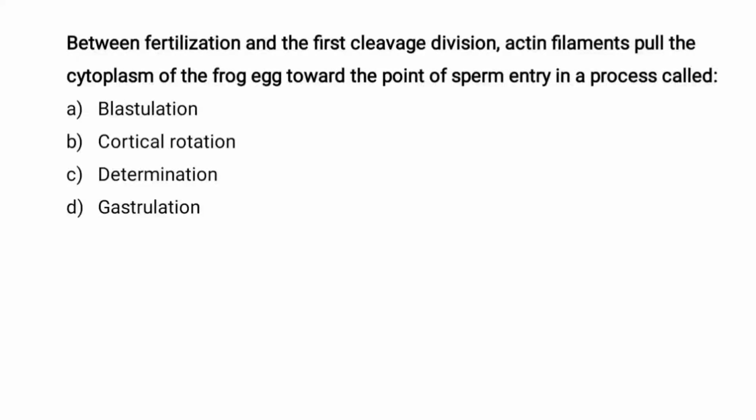Next question is, between the fertilization and first cleavage division, actin filament pull the cytoplasm of frog egg towards the point of sperm entry in a process called. The cortical reaction is a microtubule mediated process initiated during the fertilization by release of cortical granules from the amphibian egg, by which it prevents polyspermy.